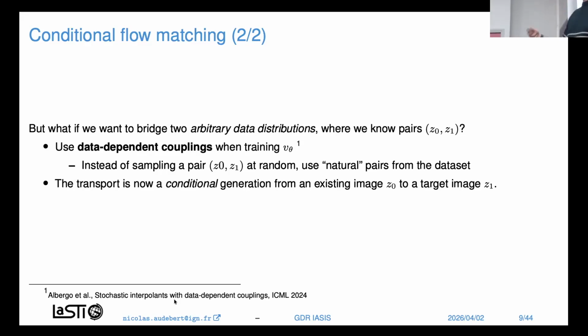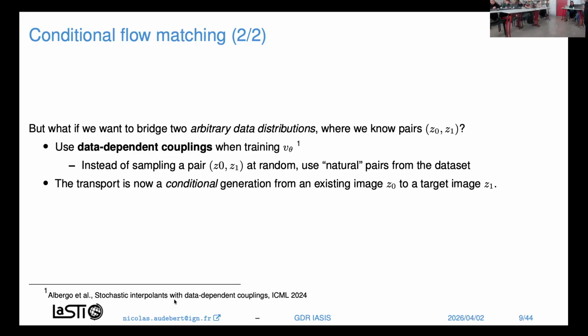We assume that we have pairs in the dataset, which is quite easy to do for us in Earth observation because the data that we have is geolocalized. So we can have pairs that represent the same geographical area, but taken, for example, at different times or under different modalities, or before and after a specific event, and so on.